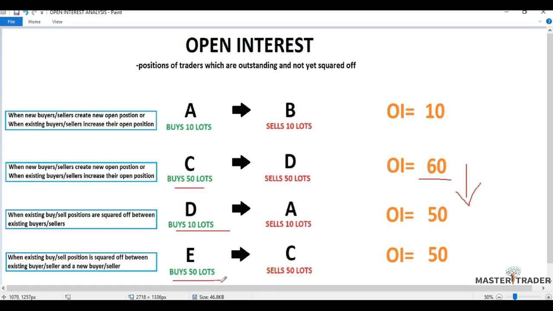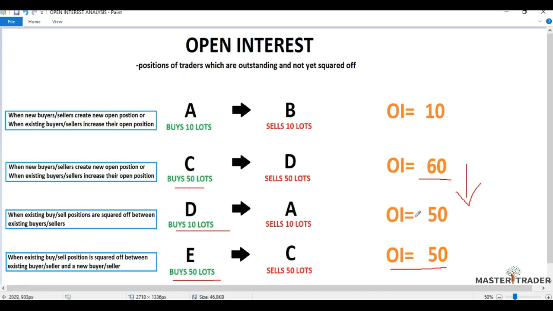Because there was a transaction between a new trader and an existing player, the open interest will not change. These 50 lots have simply gone to a new player, E. So there is basically no exchange of new shares. E was simply buying the 50 lots from C, who had them already earlier.